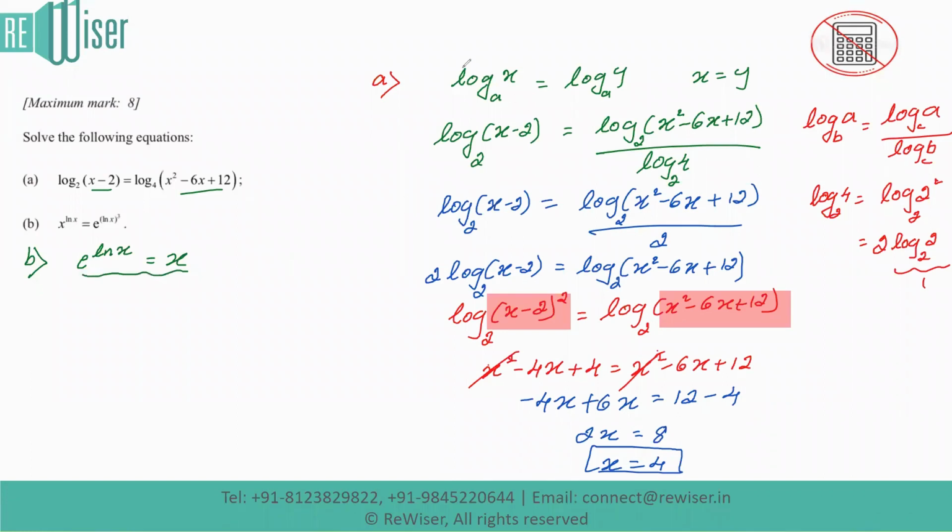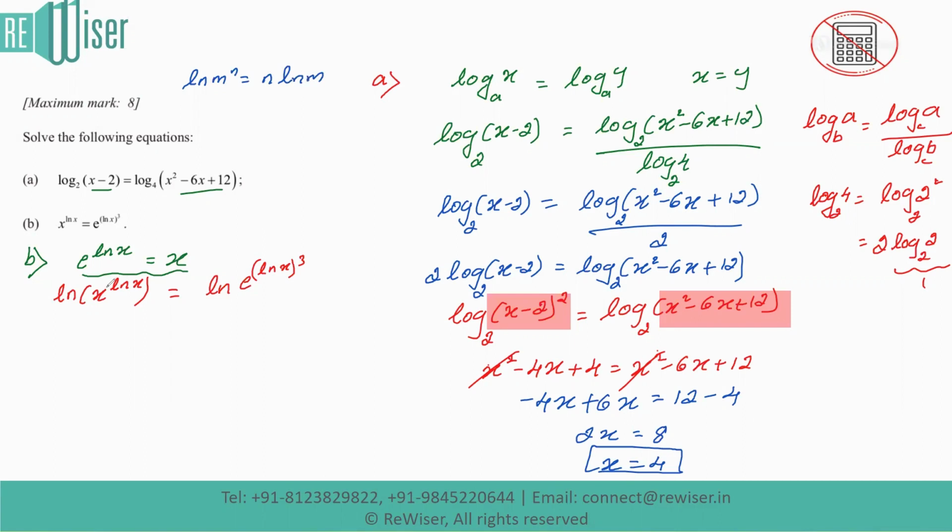For this one, we are going to apply ln on both sides. When I apply ln on both sides, it's going to be ln of x to the power of ln x is equals to ln of e to the power of ln x whole cube. We also know this property: if I have ln of m to the power of n, this can be written as n times ln m.